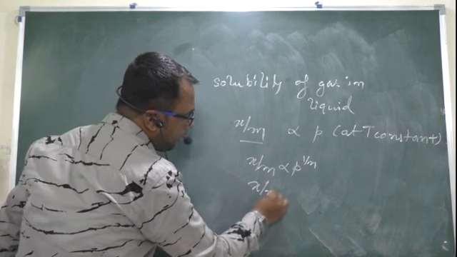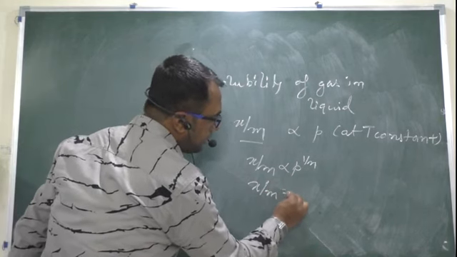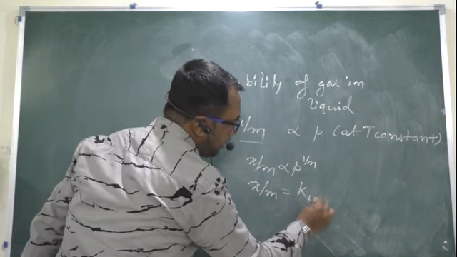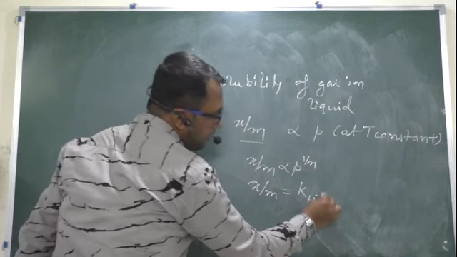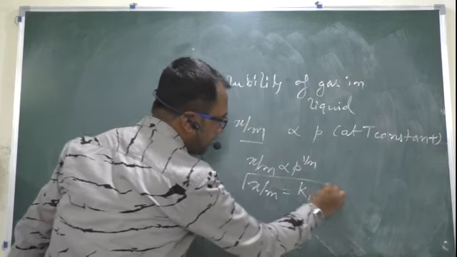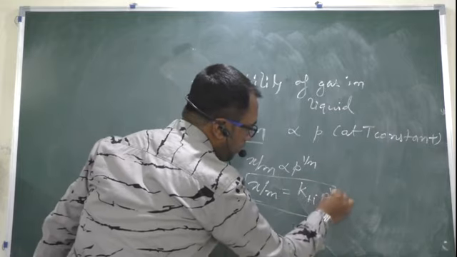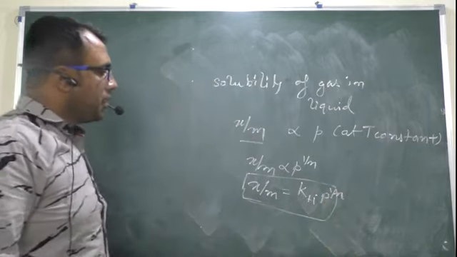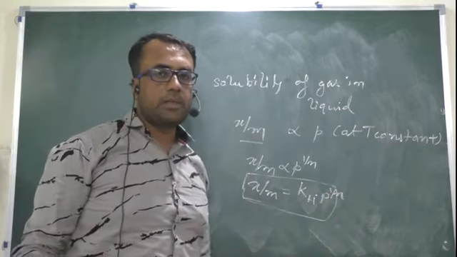When we remove the proportionality constant, then we bring in Henry's constant, that is kH. So this becomes kH into P. On the power we have 1/n. So this is the Henry's equation.